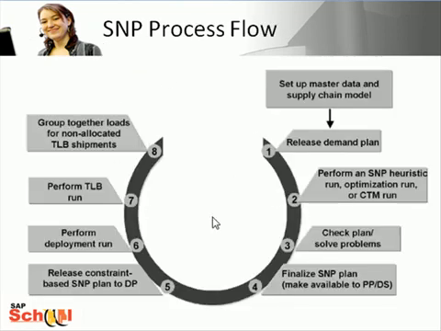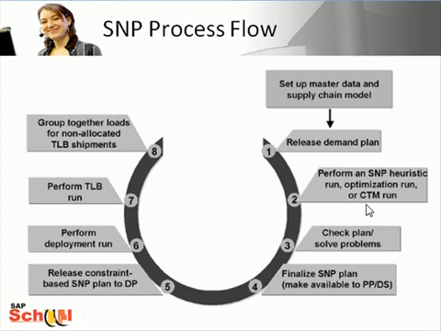This is the SNP process flow in a nutshell. Planned independent requirements are generated when the demand plan is released from demand planning. This step is usually carried out in the background. An SNP run uses SNP heuristic, SNP optimization, or capable to match results in a medium-term production and distribution plan.